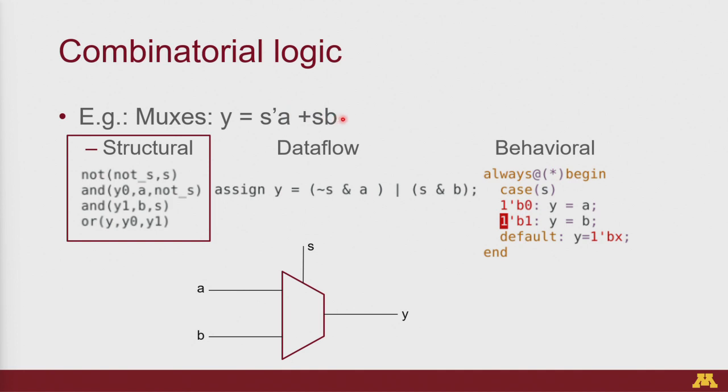Now if you were to represent this as structural code, you would build it from first principles. You would design a NOT gate, an AND gate for A and S bar, an AND gate for S and B, and finally an OR gate for ORing these two values.